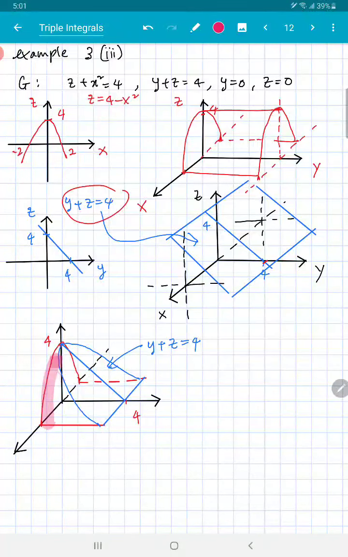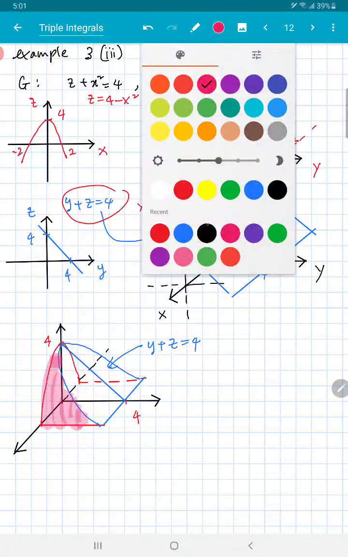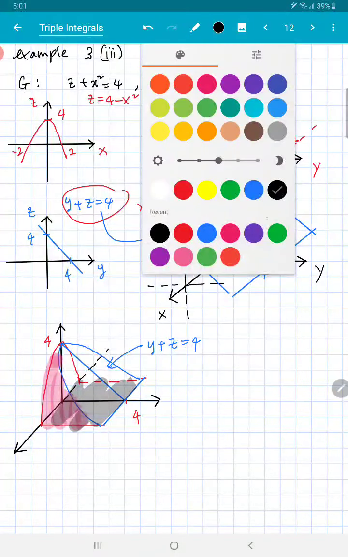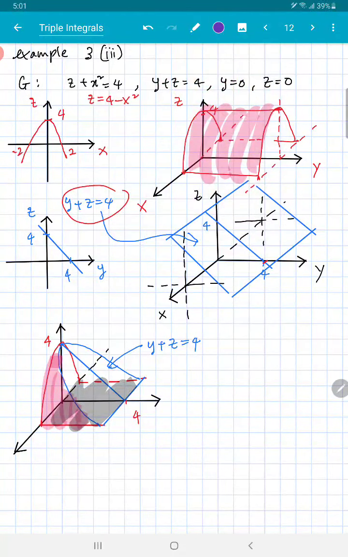This is the curvy bit, which is really part of this parabolic cylinder there. Okay, right, and then we have z equals 0 at the bottom here, and y equals 0, the vertical plane here, right?